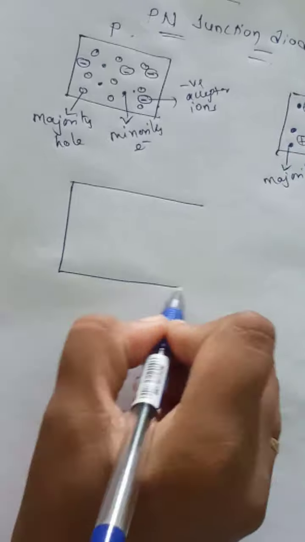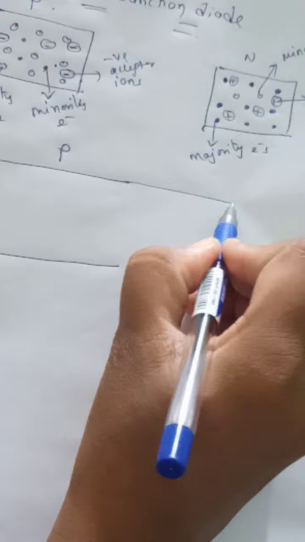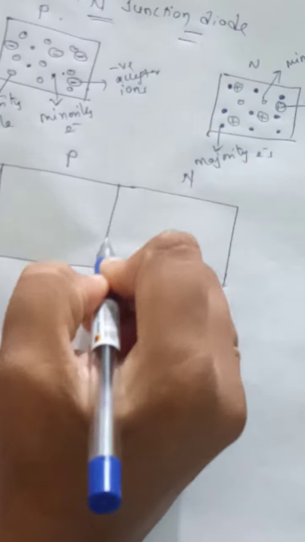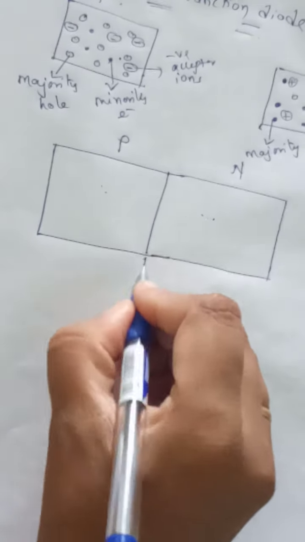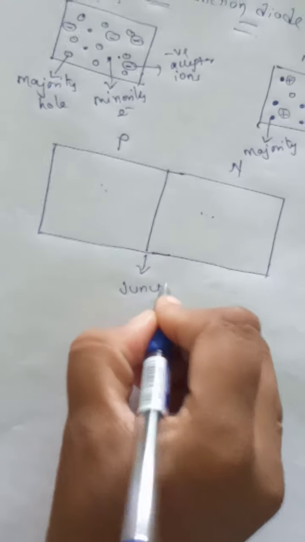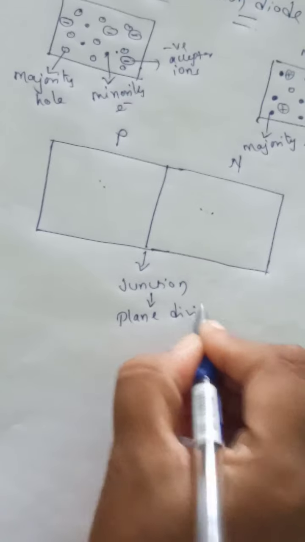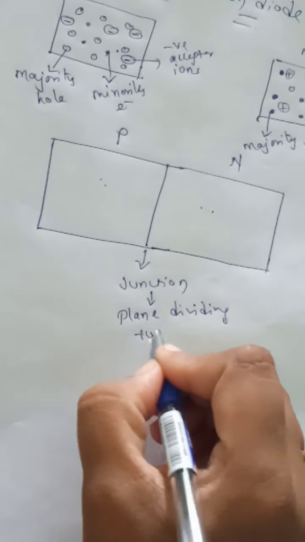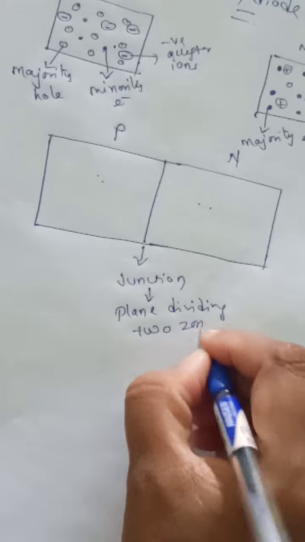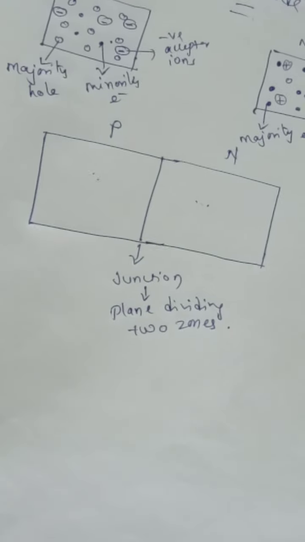Now the plane dividing these two zones, we call it the junction. Junction means nothing but the plane dividing or separating the two zones.